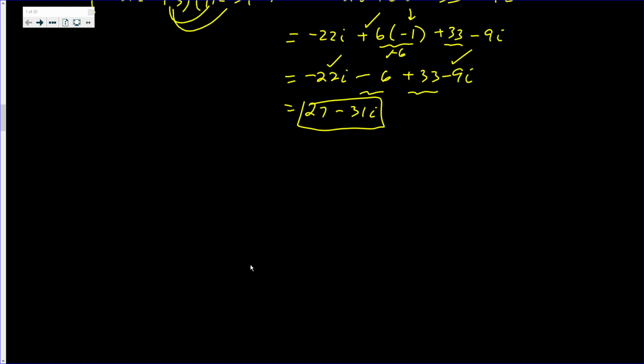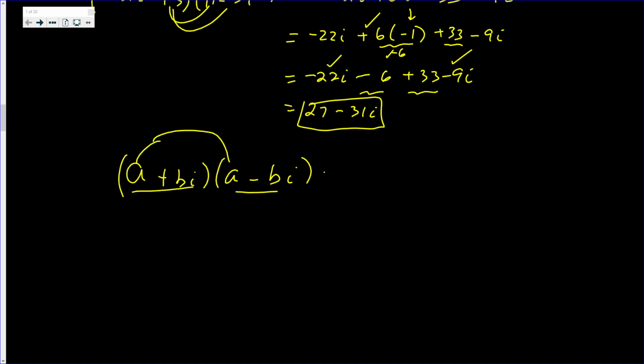Okay, let us look at this. Suppose you have a plus bi, and you multiply by its conjugate, a minus bi. Since these numbers are complex numbers, we call them complex conjugates. That is, the complex conjugate of a plus bi is a minus bi. a times a is a squared.